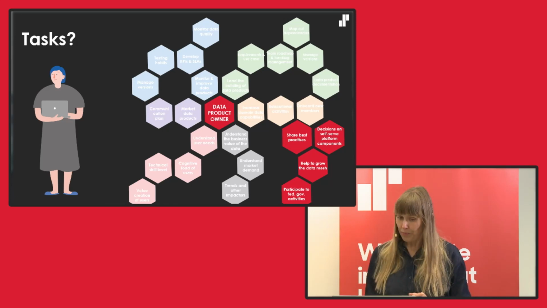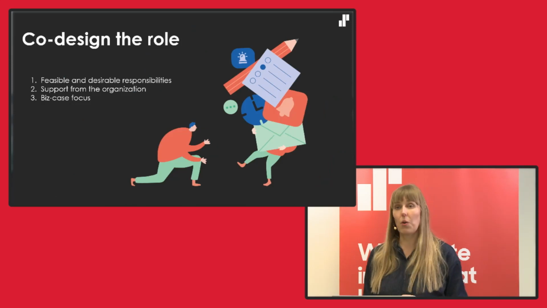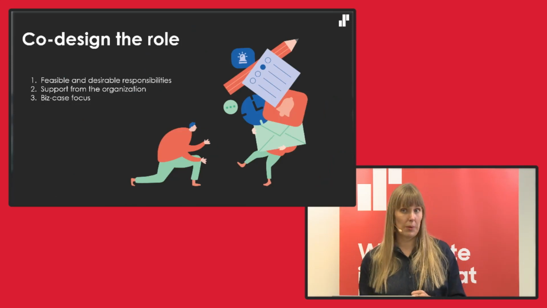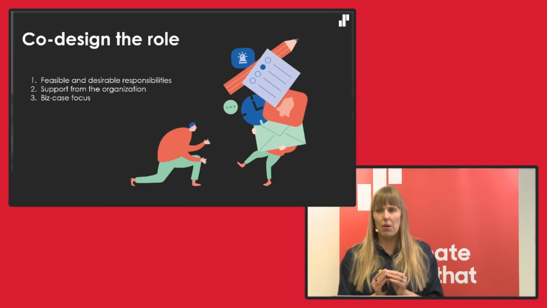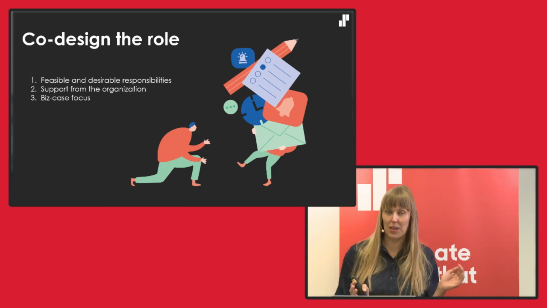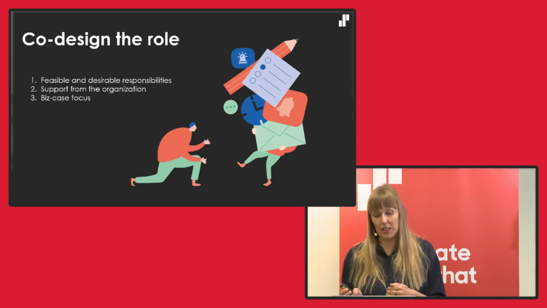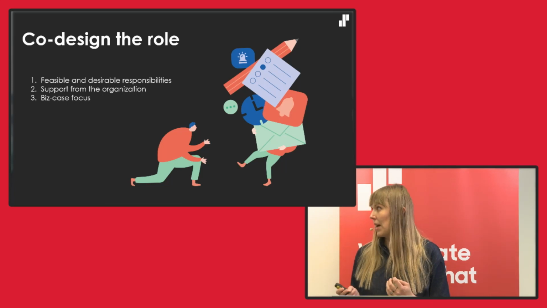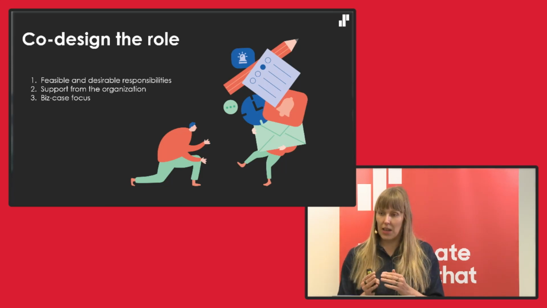So we have also been doing the ownership in a design way. You select the owner and you go through the tasks with them: okay, this I can handle, this I need education for, or maybe we need some help from another team. It's a co-design of what the data product owner would mean.